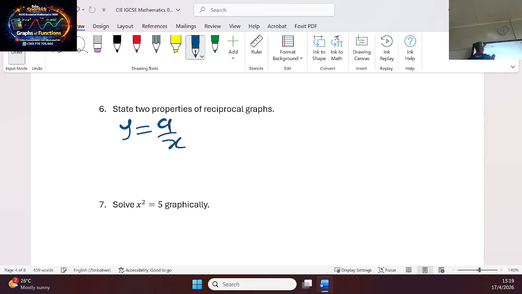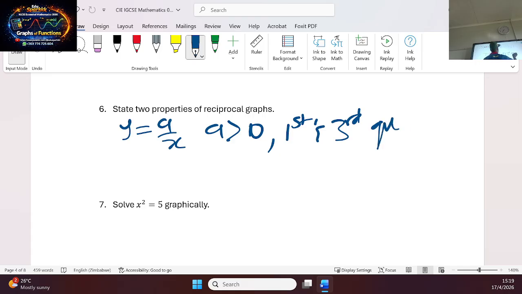Then state two properties of reciprocal graphs depending on A, because they take the general form y equal to A over x. If A is bigger than 0, then this graph exists in two parts, which are the first and third quadrants.